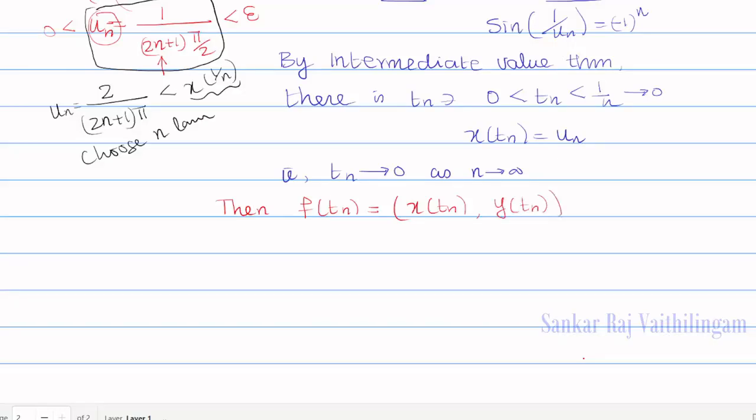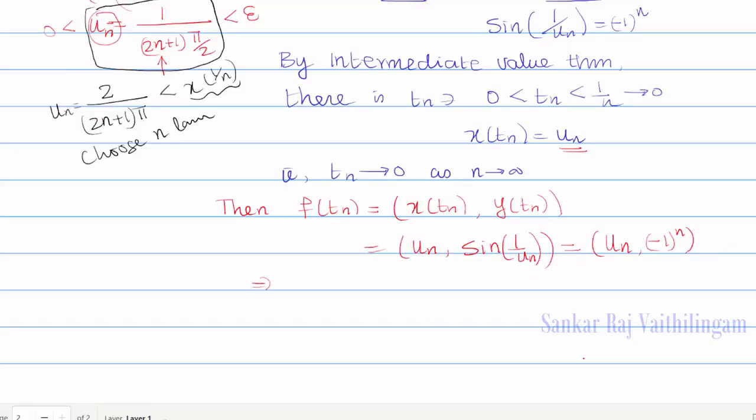Correct? What is x of tn? It is nothing but your un. So we have un, comma, y of tn, which is sin of 1 by un, which is equal to un, comma, minus 1 the whole power n. And note that this value does not converge.